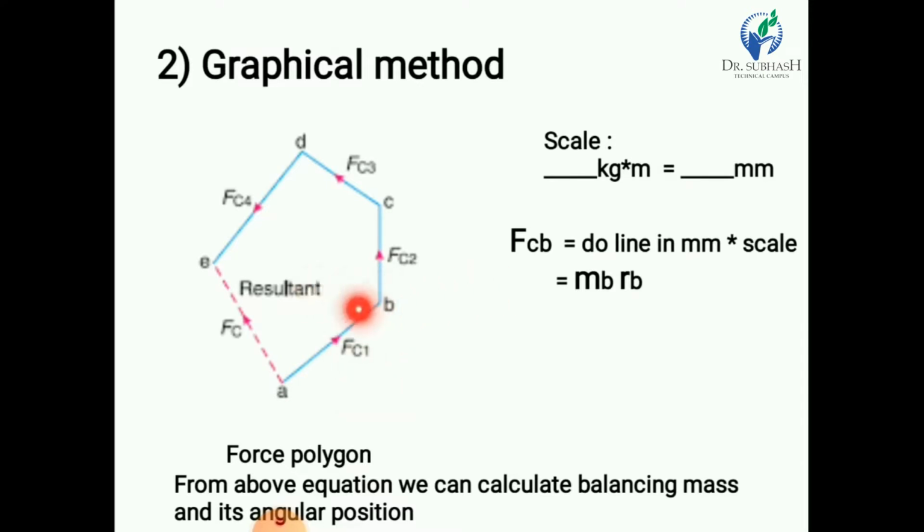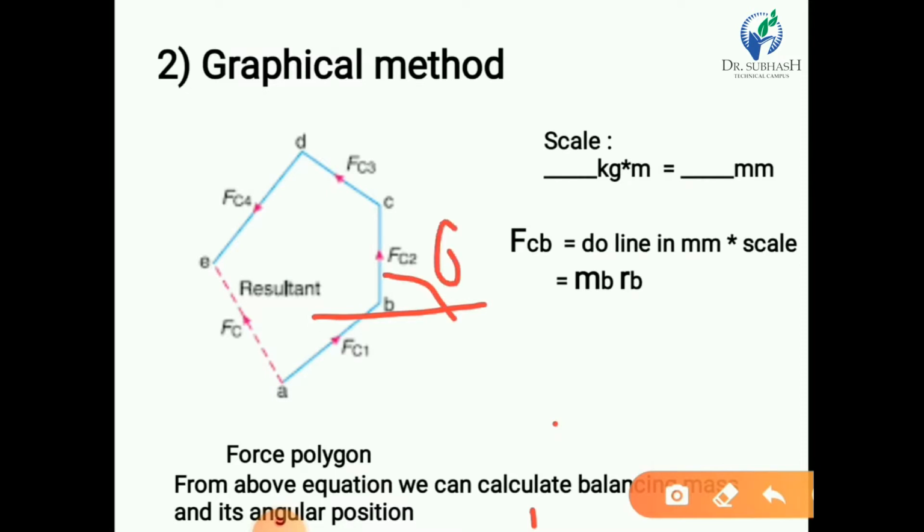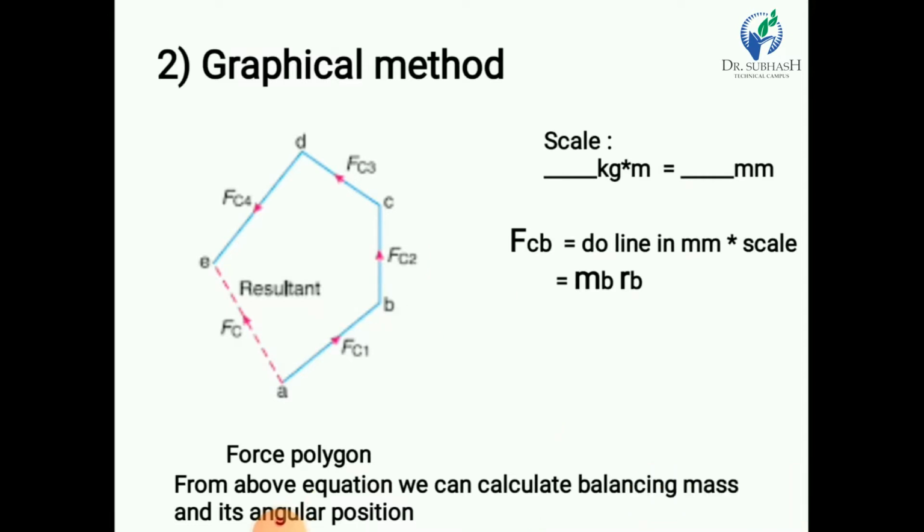Similarly, from the endpoint B with reference to the horizontal line, we consider theta 2. So draw the FC2 line, having some length in mm. Draw the BC line.